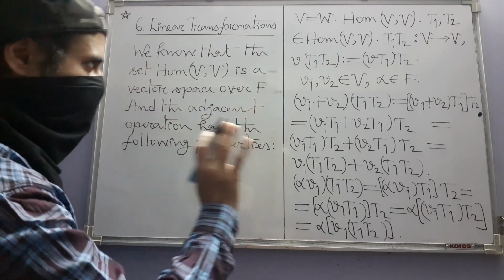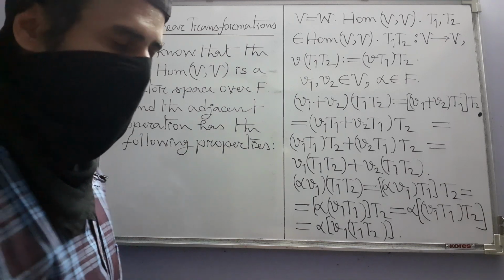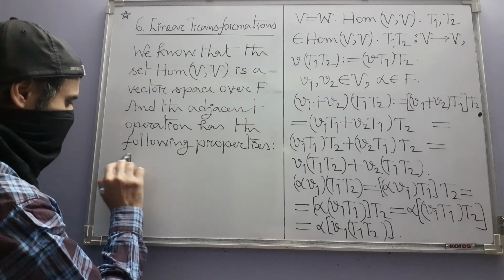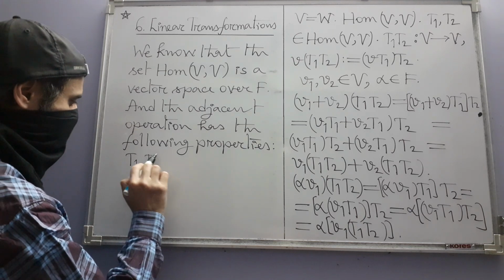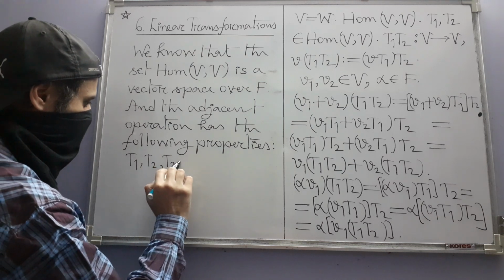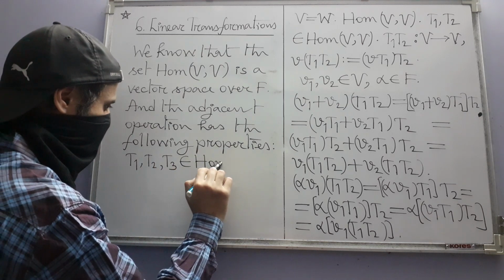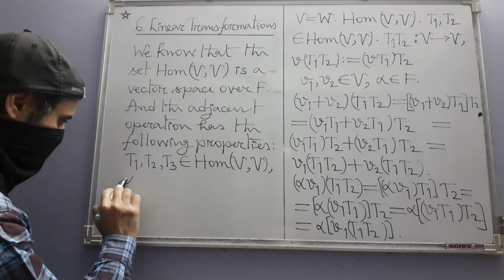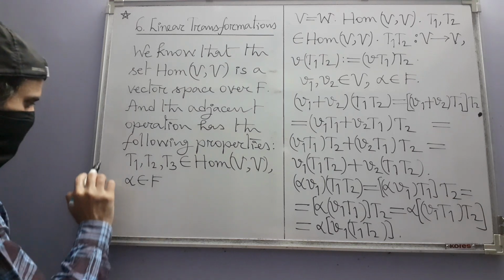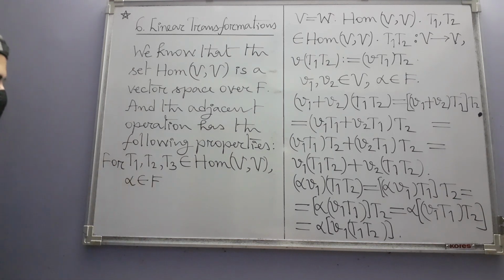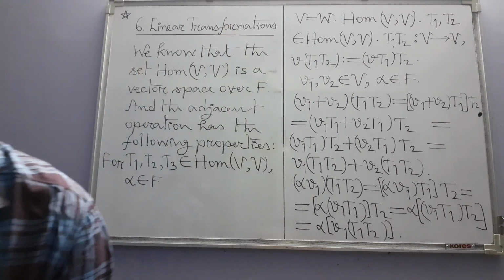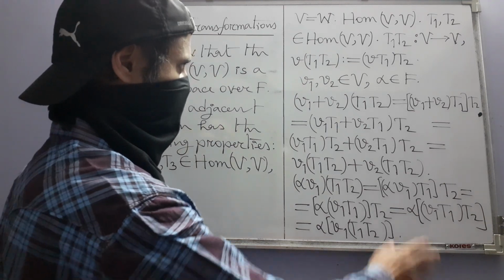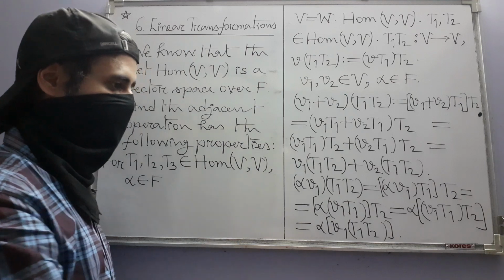Besides the set being closed under that operation, these are some other properties. In these properties, we will need three elements and one scalar. But we have seen what we have done here. Nothing much. We have just shown that T1 T2 again belongs to Hom(V, V).